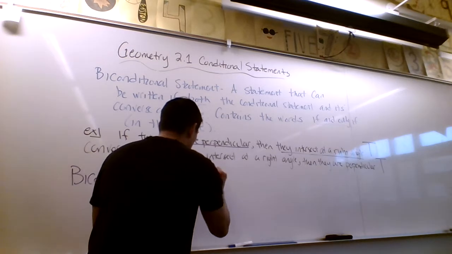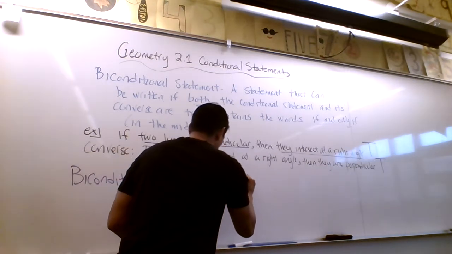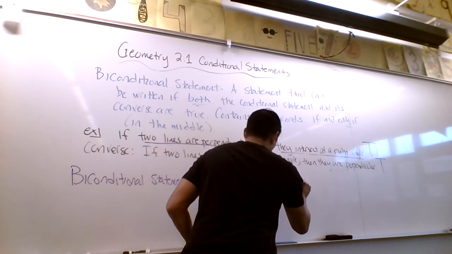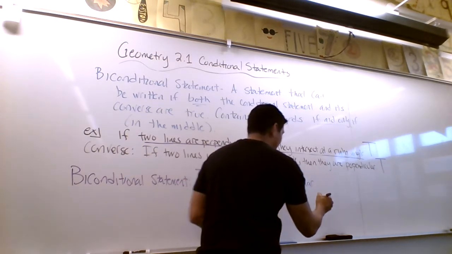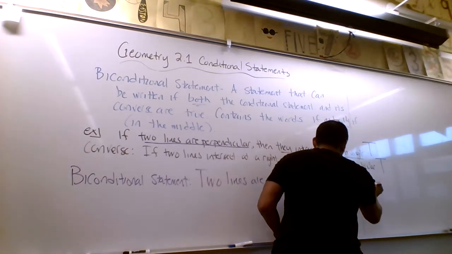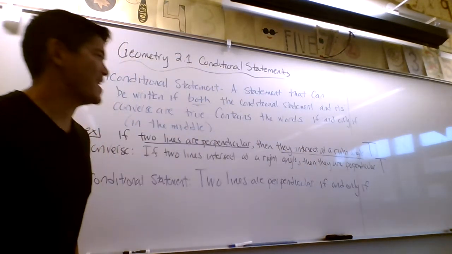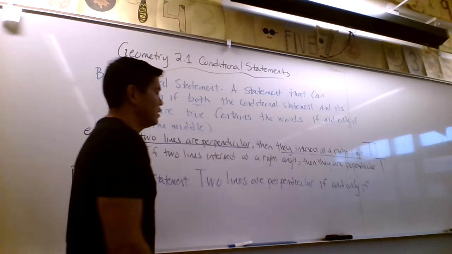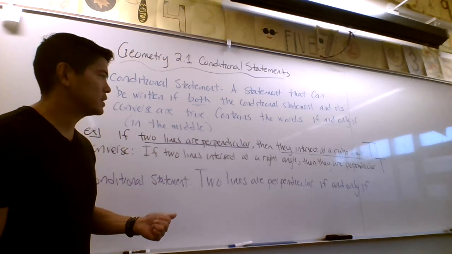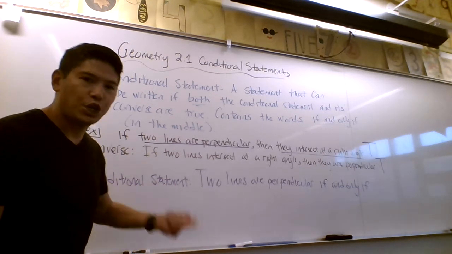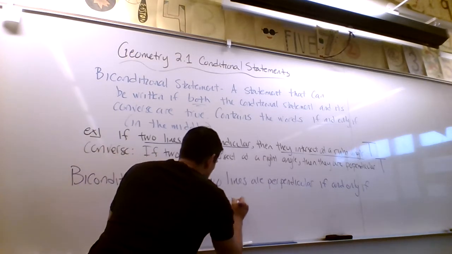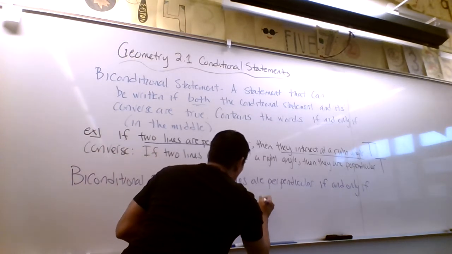Two lines are perpendicular if and only if they intersect at a right angle. So it basically would look like this: P, if that's the hypothesis, if and only if Q, that would be the conclusion. So they intersect at a right angle.